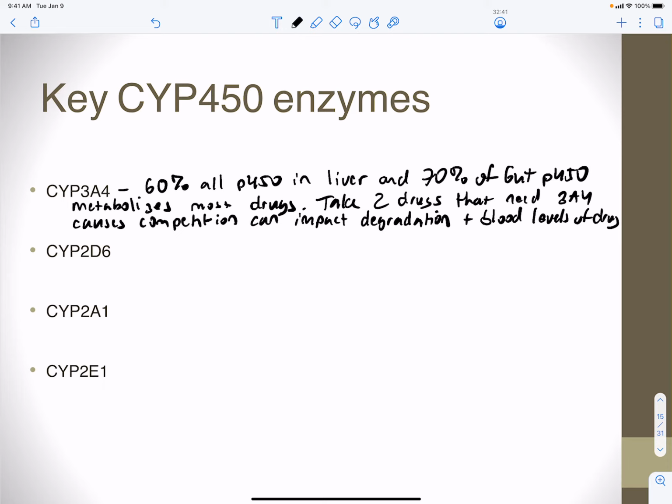Now, some of the things that are important is if you have something that needs to be metabolized by the 3A4, and then you give a drug that also needs to be metabolized by the 3A4, they can sort of counter each other. And so grapefruit is an inhibitor of CYP3A4.